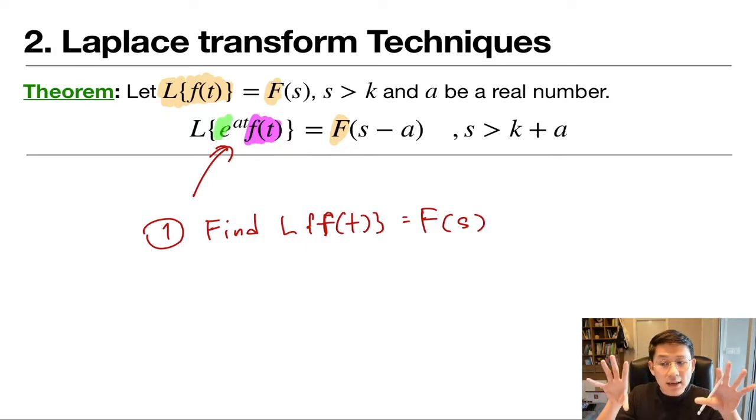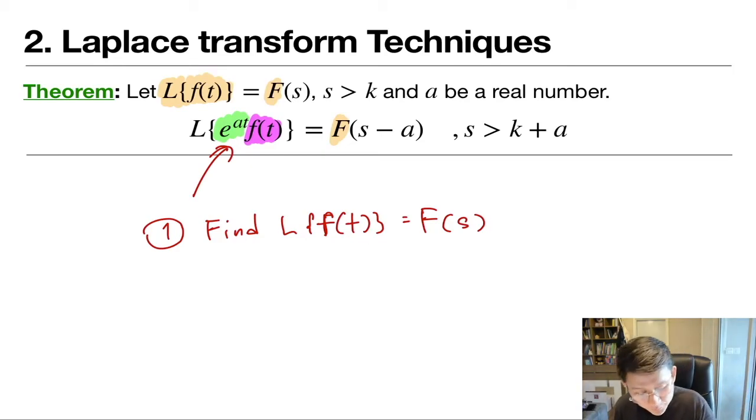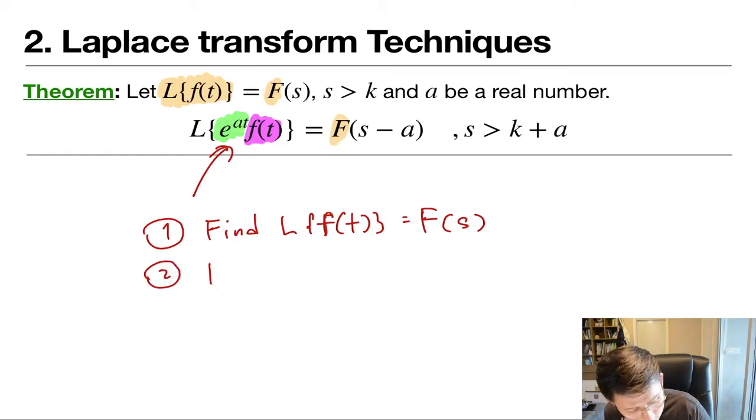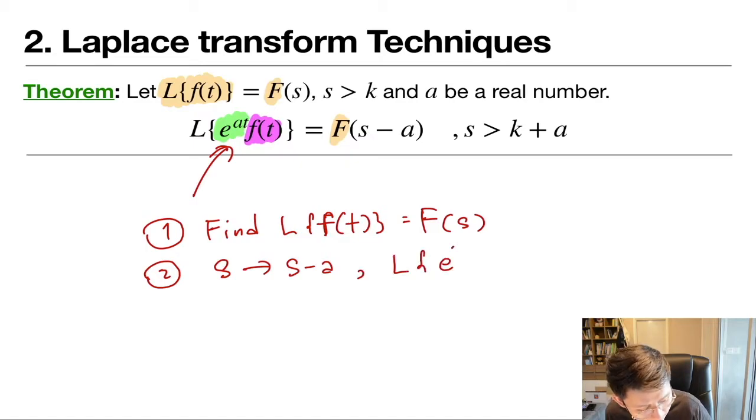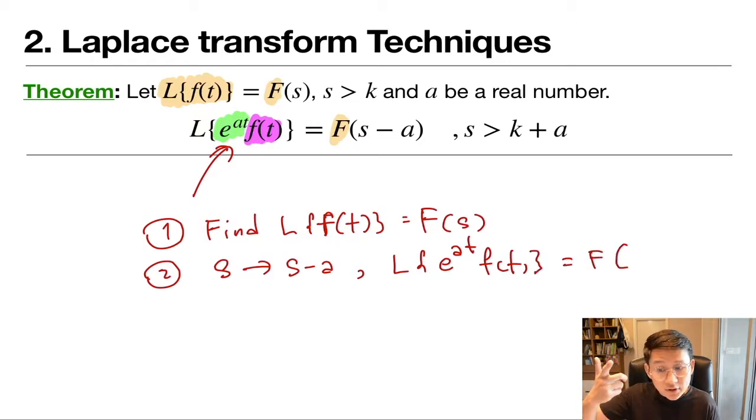You find the Laplace transform of f(t) first, and after that, you just do substitution. You change s to s minus a. So the Laplace transform of e to the at f(t) is actually F of s minus a. You substitute s with s minus a. Okay, it will become clearer when you look at the example.